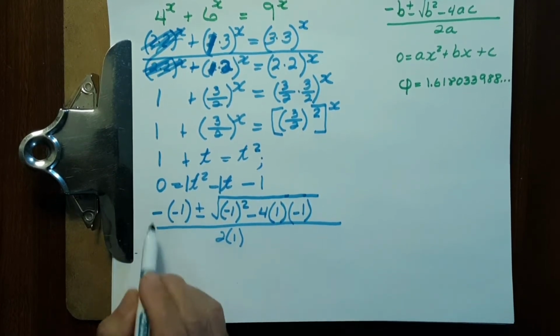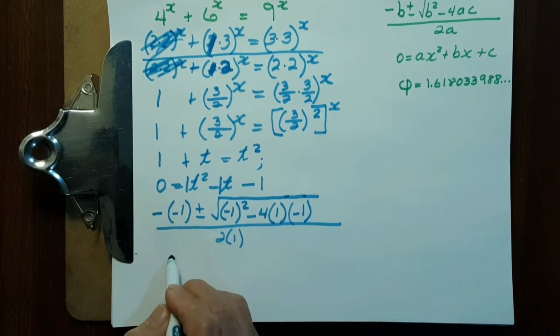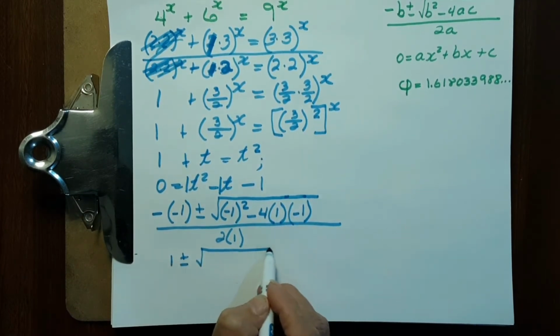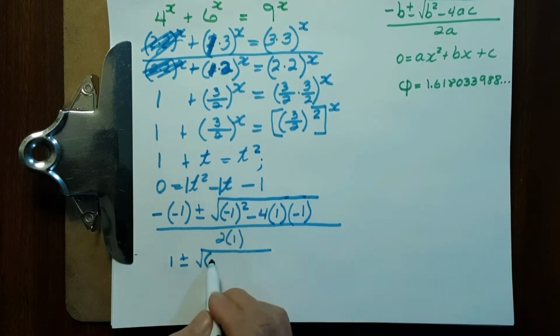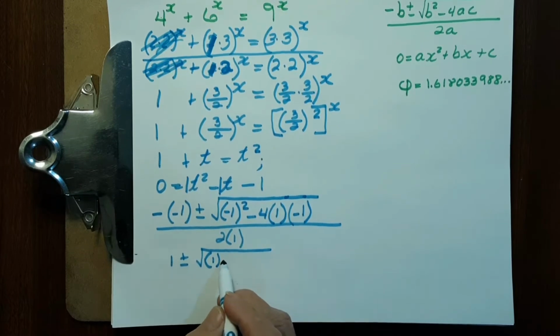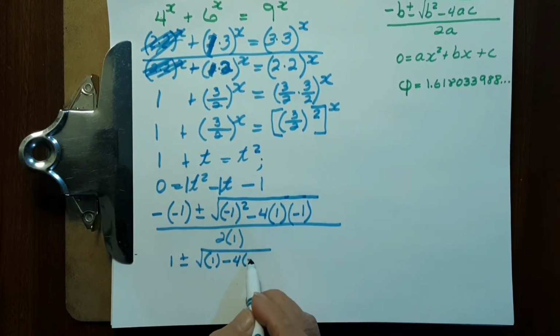We go ahead. Here, minus times minus is plus. So we make 1 plus or minus the square root of 1, because when squared it is converted to positive, minus 4 times minus 1, over 2.